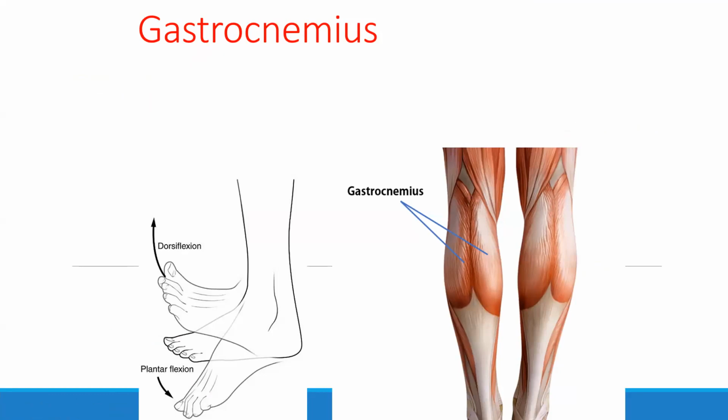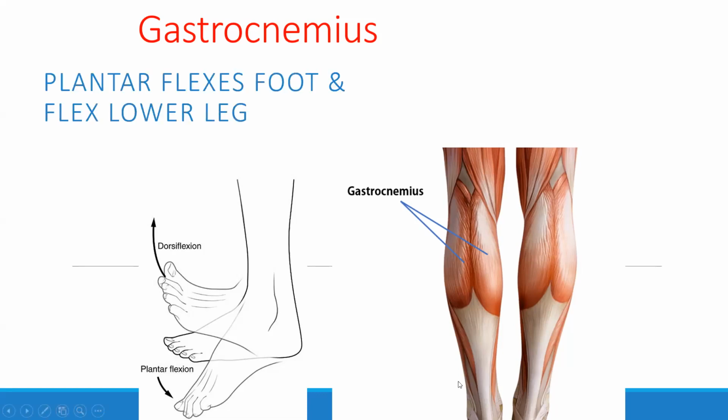The lower leg flexes when we do that. But we elevate our heel, and that points our toes down. Now, to take the next step, we have to raise our toes and drop our heel. And that's where the tibialis anterior comes into play. So, plantar flexes the foot, flexing our lower leg.